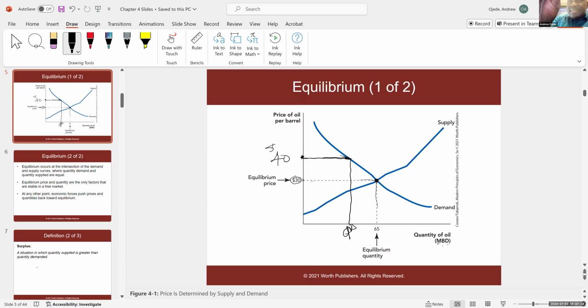And yet, at the same price of $40, producers want to supply this much quantity of oil. So quantity supplied is going to be this much. So this gap here, when the market is not in equilibrium, is going to result in excess supply, or what we call a surplus. A surplus, or you can also call it excess supply of goods and services.